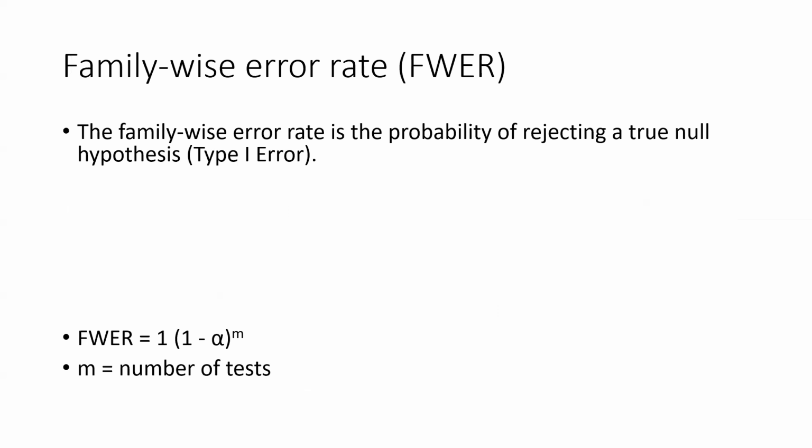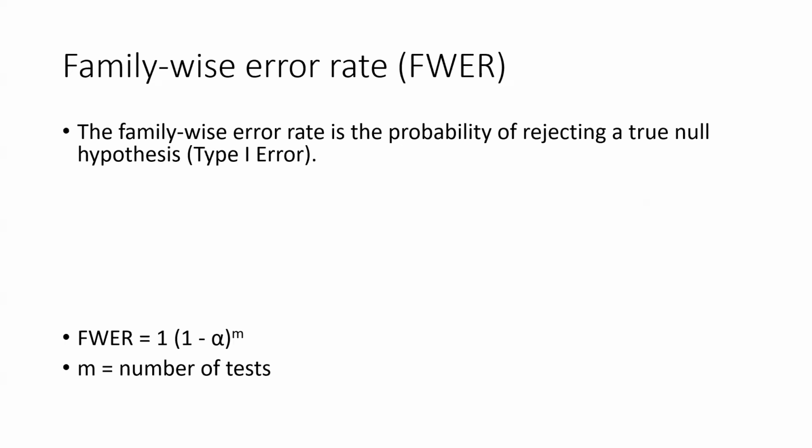The family-wise error rate, also known as FWER, F for family, W for wise, E for error, R for rate. The family-wise error rate is the probability of rejecting a true null hypothesis, a type 1 error. Because remember, if we mistakenly reject a null hypothesis, we're committing a type 1 error.